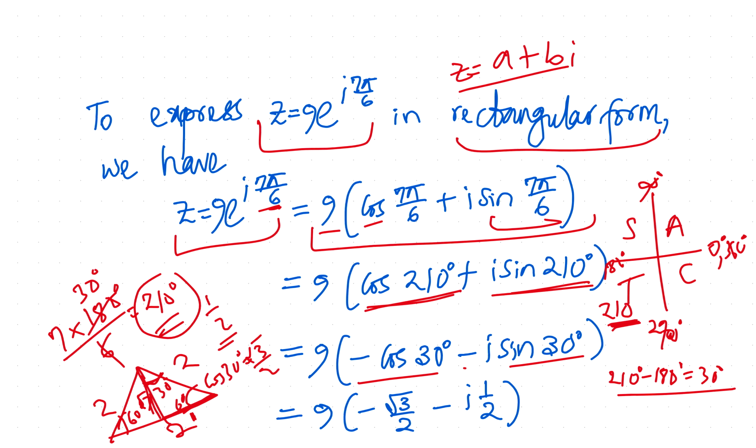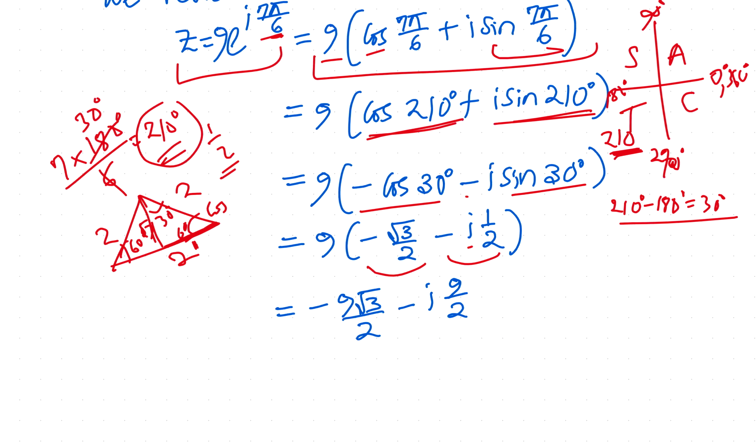So it means minus cos 30 degrees minus i sine 30 degrees. So cos 210 degrees is minus root 3 over 2, and sine 210 degrees is minus 1 over 2. But of course, you have i here. So you have 9 into all that. And then you can expand. So you have minus 9 root 3 over 2, then again minus i 9 over 2. That's 9 times half.